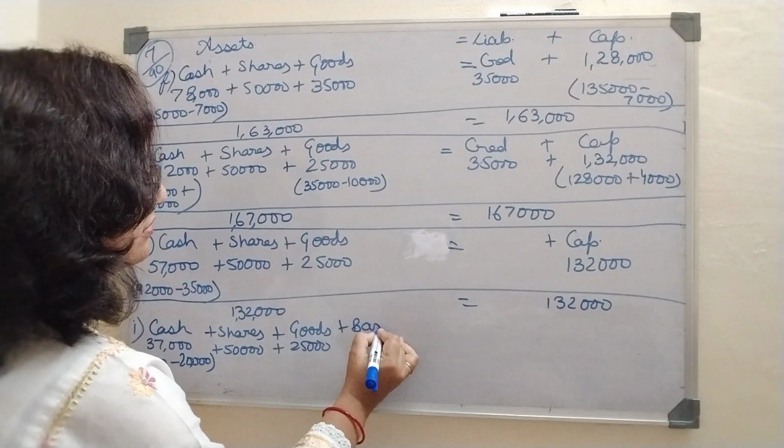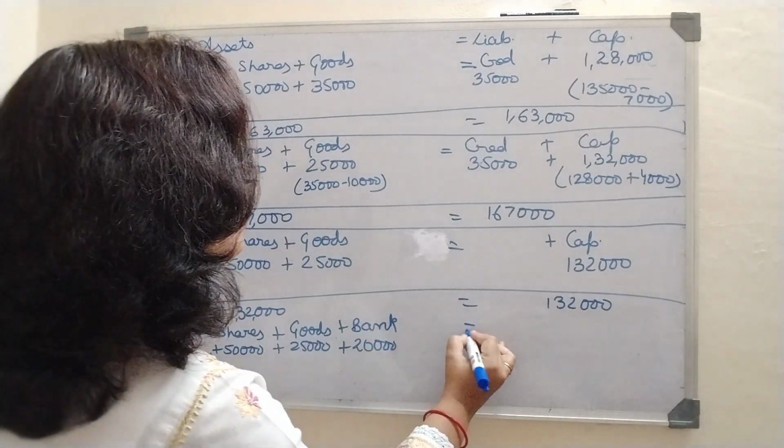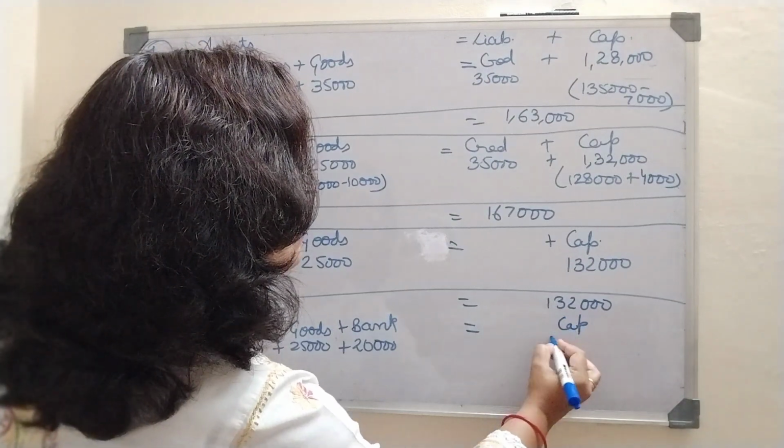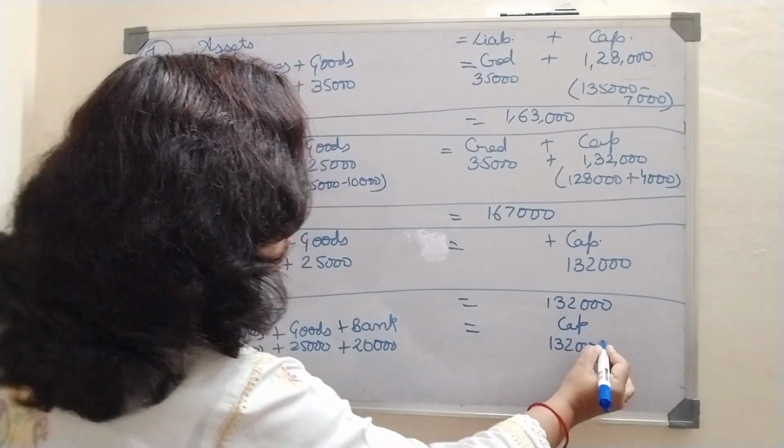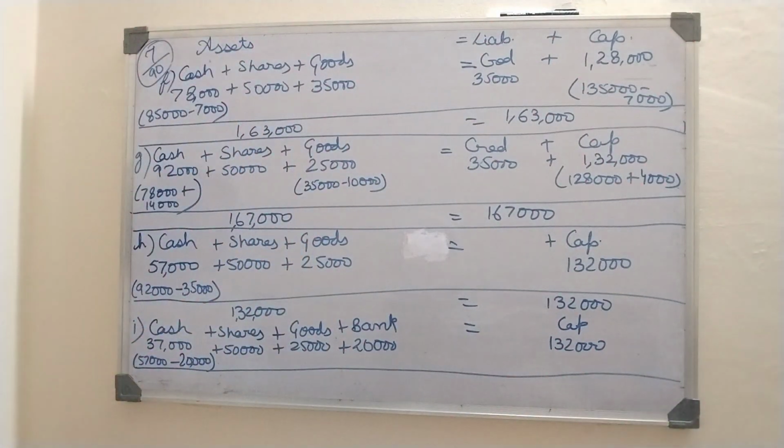Now bank, another head we will open, and it will show as 20,000. Capital remains the same, 1,32,000, and this transaction has affected only our asset side.